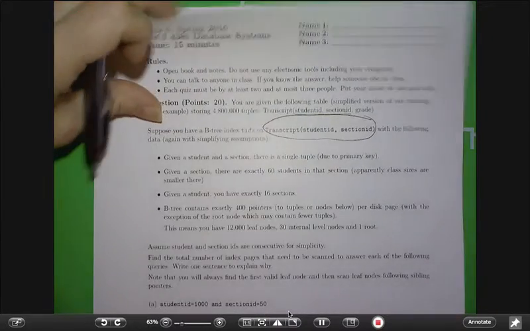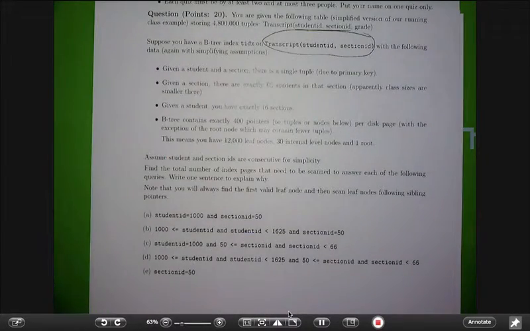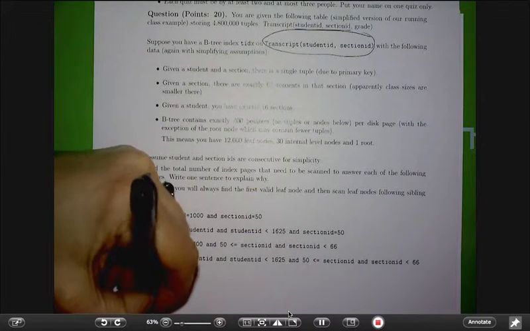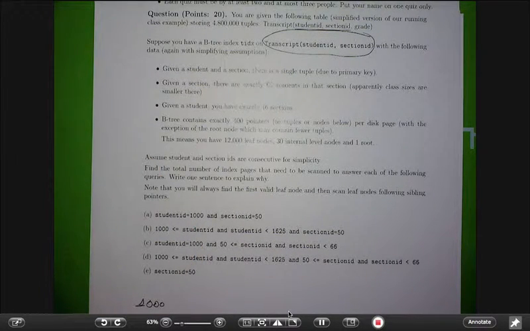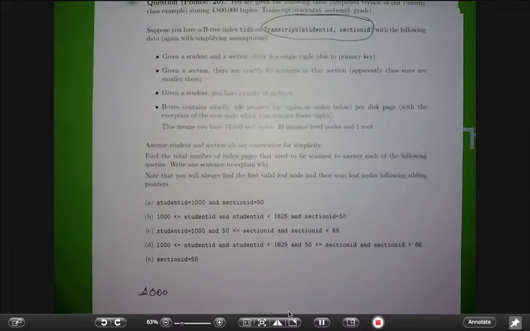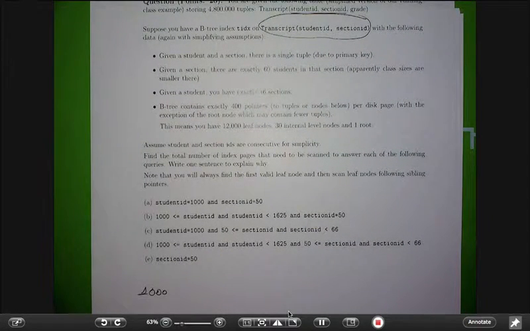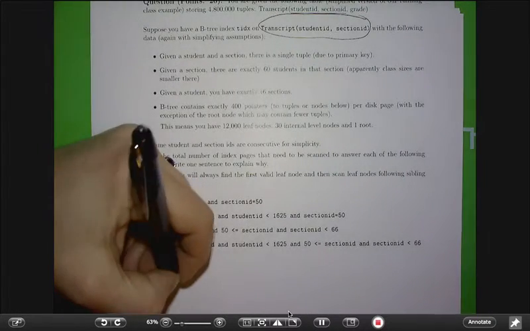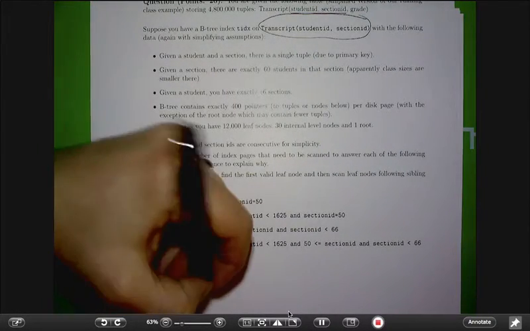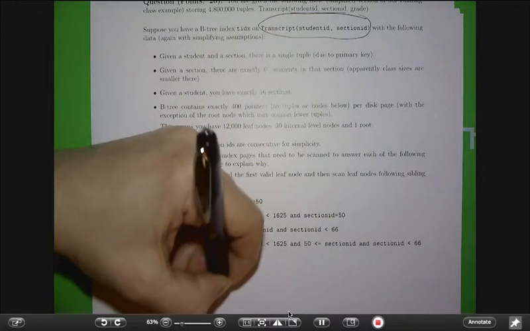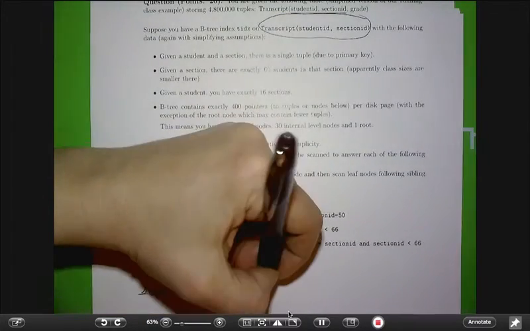So for a given student, let's say student 1000, you have all the tuples, all the sections for that student. So it could be 1000 section 1, 1000 section 2, up to 1000.